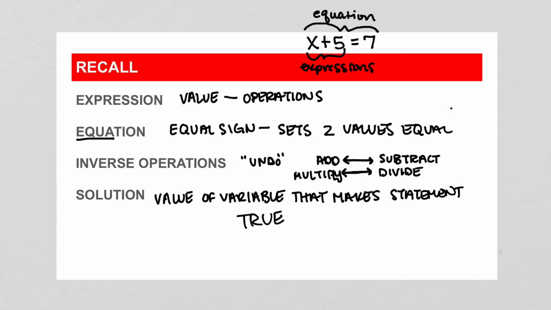So if I were looking for a solution to the example I have up there, what plus 5 equals 7? Well, I could say that x equals 2 because 2 plus 5 equals 7. So that would be my solution to the equation x plus 5 equals 7. X equals 2 would be my solution.